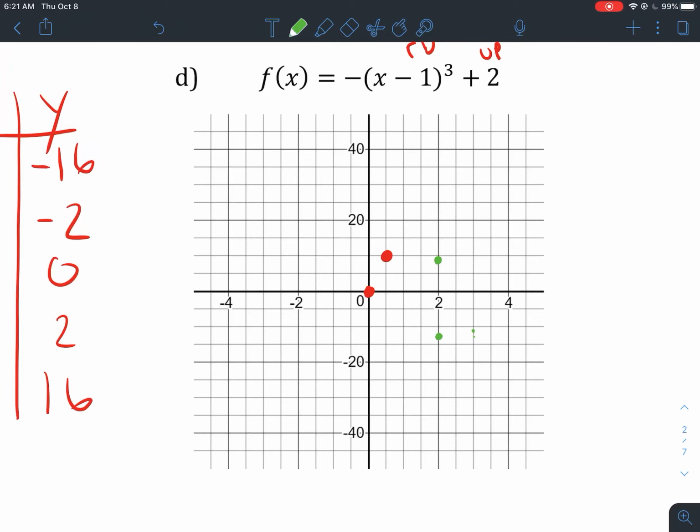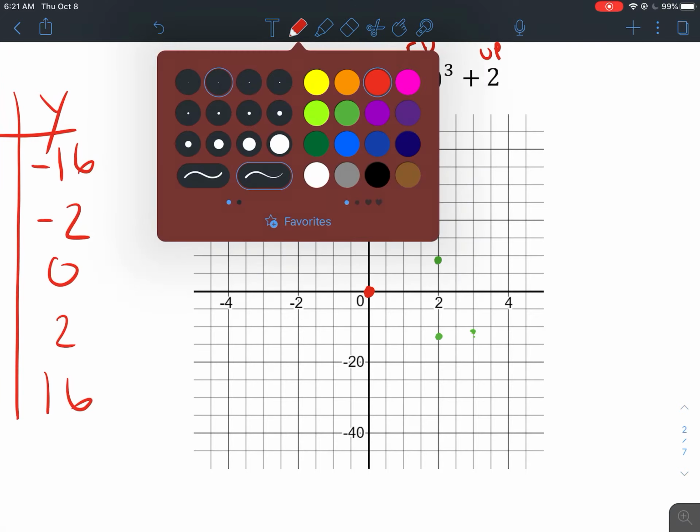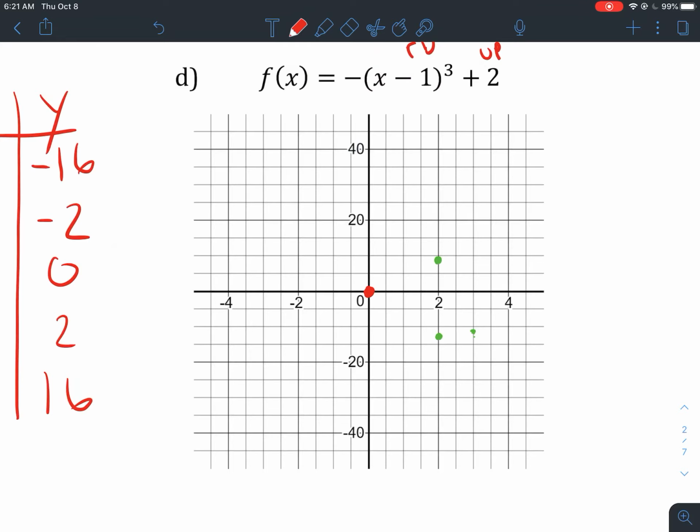So we get something like this. Also, my red one should have been about here. As you can tell, this does get a little bit tricky.